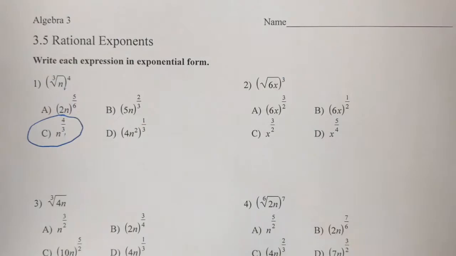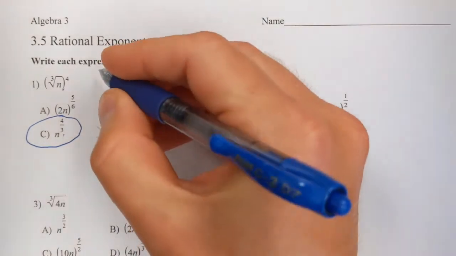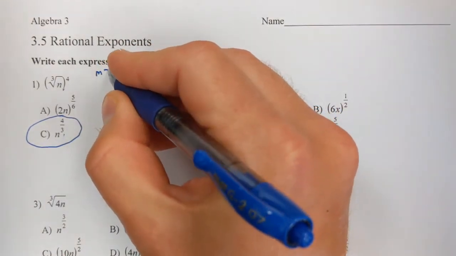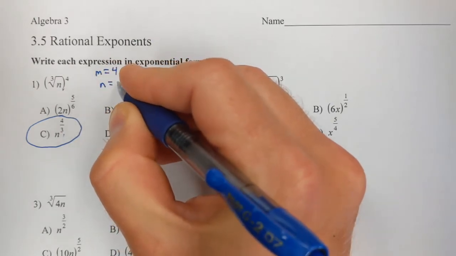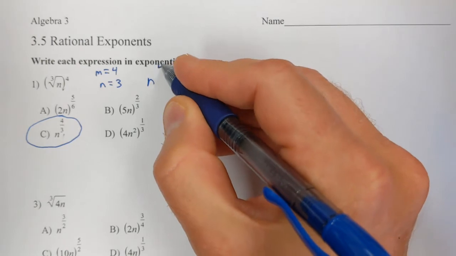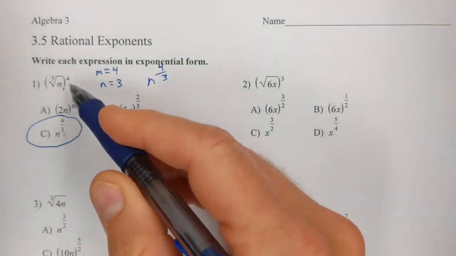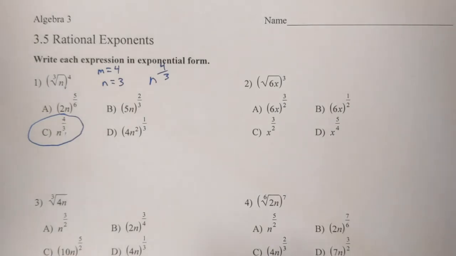The answer is C, to the 4/3 power. Now, if you really want to get fancy here, you can say, well, m is equal to 4, and n is equal to 3, so it becomes b to the 4 over 3. But really, I think that's a pretty obvious relationship there. I hope you can find that quickly.